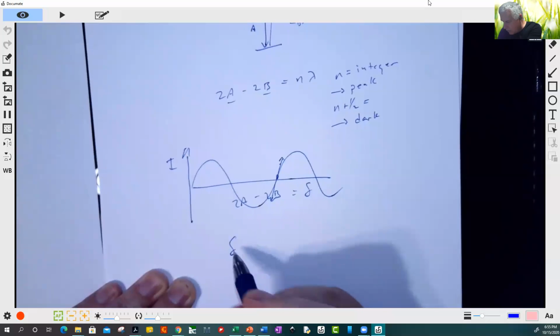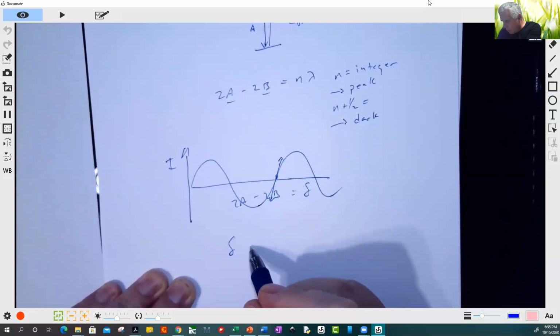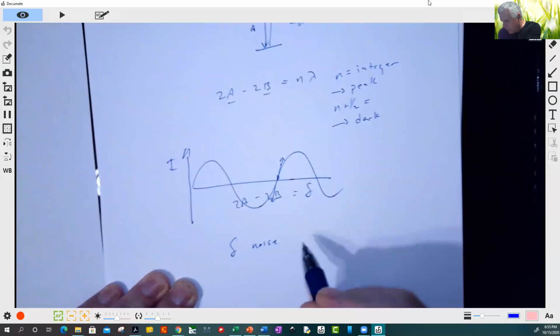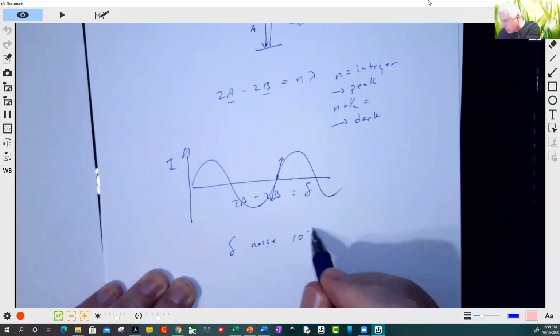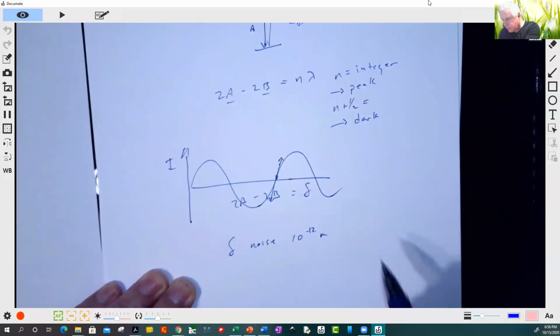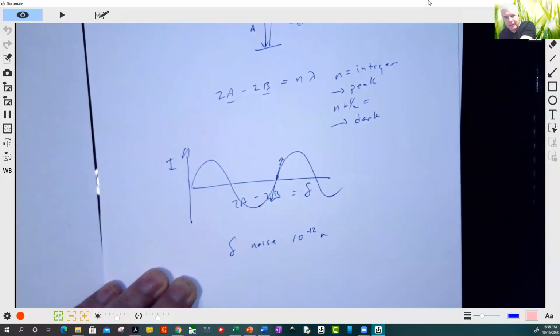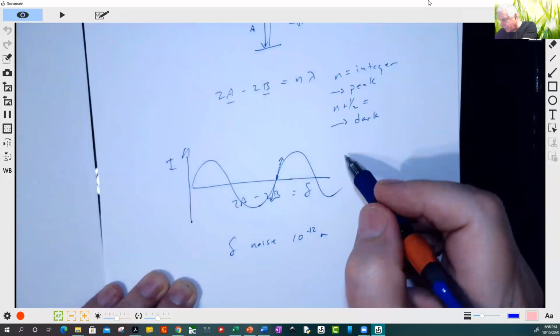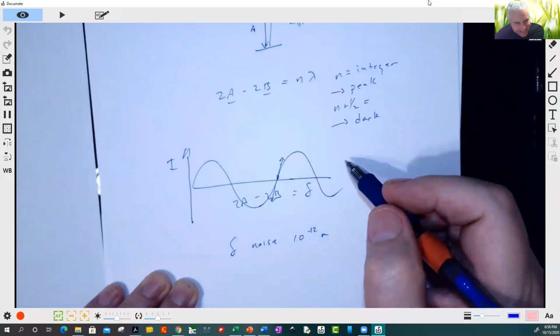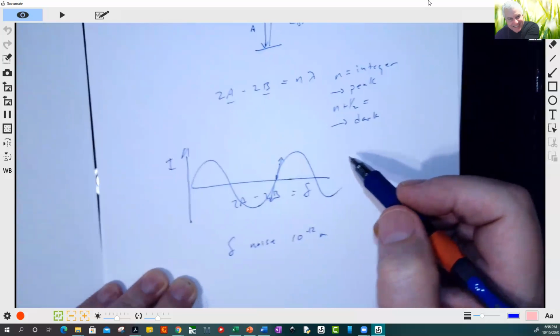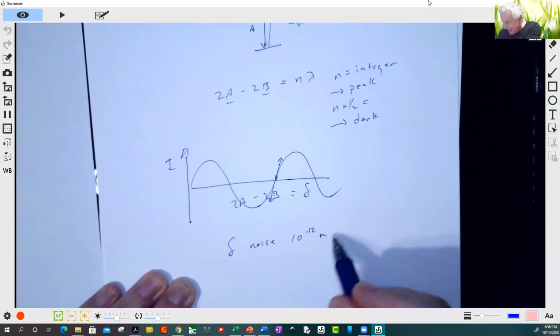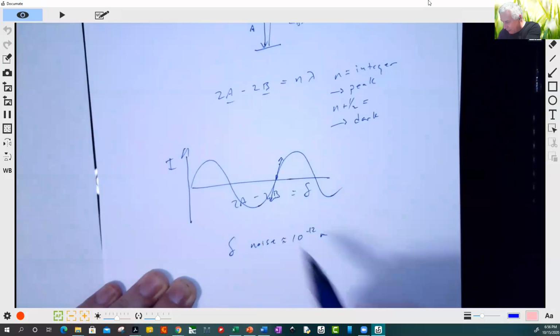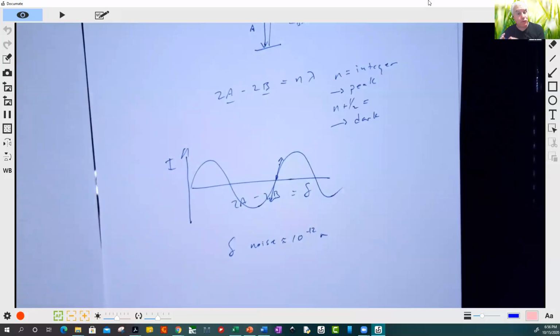And they can see delta with a noise on the order of 10 to the minus 12 meters. And A and B are both a couple of kilometers long. So it's a fraction of the width of a proton, not a hydrogen atom.